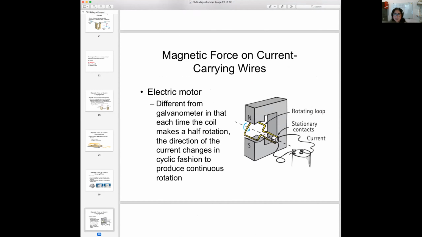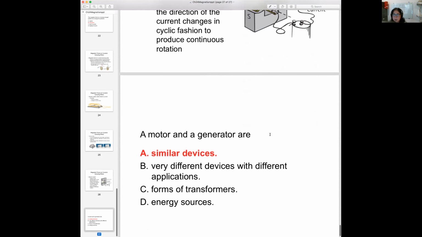Okay, and you will see the electric motor and the electric generator. I have this radio here that I can crank up. The handle comes out, and if I crank it, it can store some electricity.